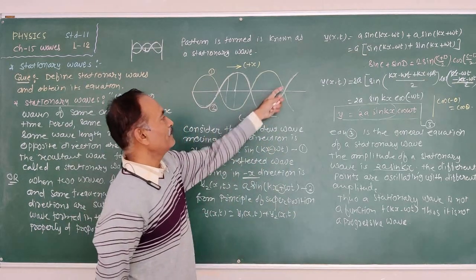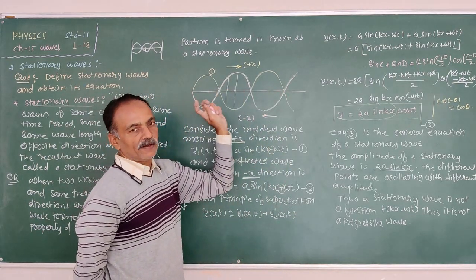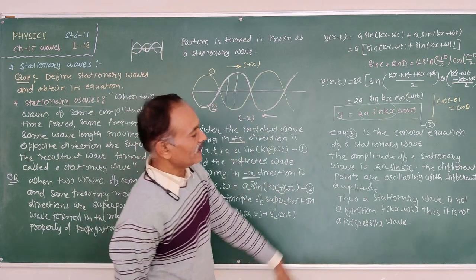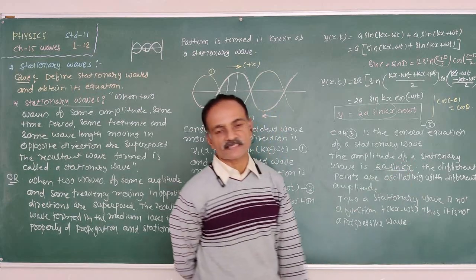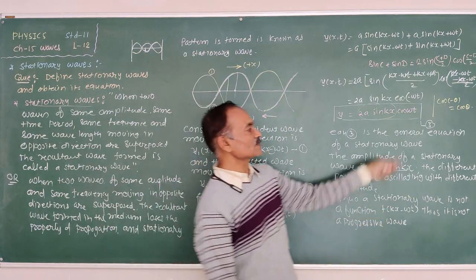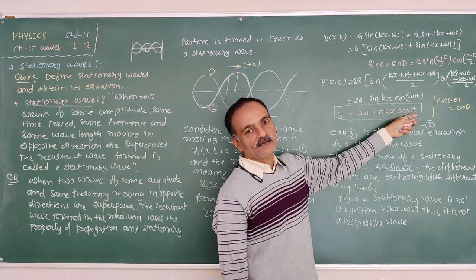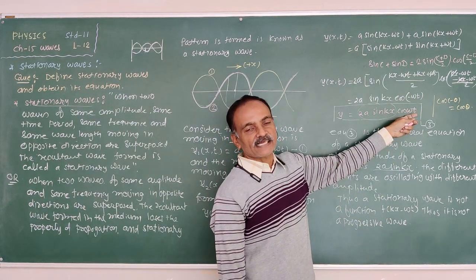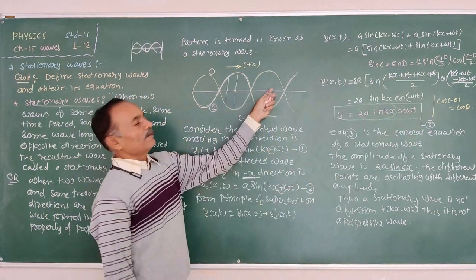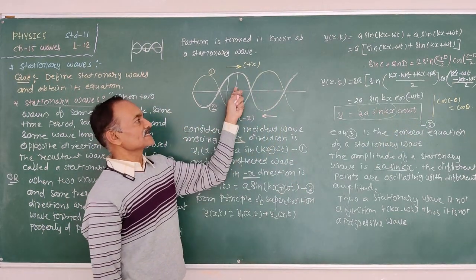The different points of the medium in a stationary wave oscillate about their mean position with different amplitudes according to 2a sin kx. And the frequency of this oscillation is omega. Omega is the angular frequency of oscillation of the particles of the medium in which the stationary wave is formed.